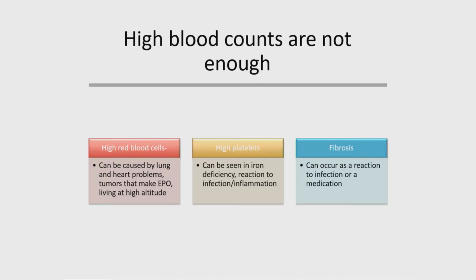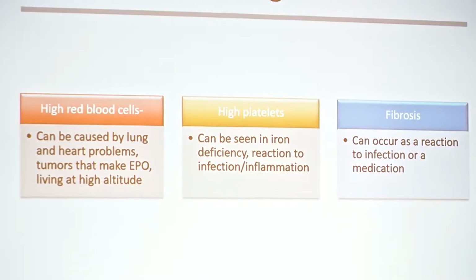If they have tumors, for example, that produce a hormone called EPO, or in some rare instances, if they live at high altitude. Patients can have high platelets as a response to infection, inflammation, or iron deficiency. And patients can have fibrosis or scarring of the bone marrow as a reaction to infection or to some medication. So it's important to make sure that we've ruled out other causes of high blood counts.